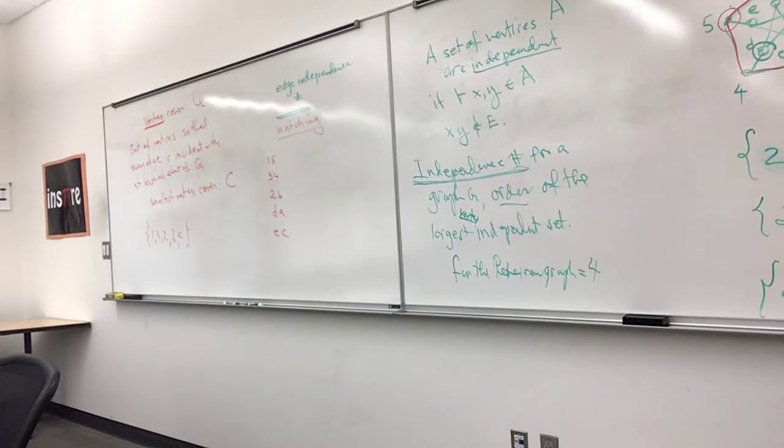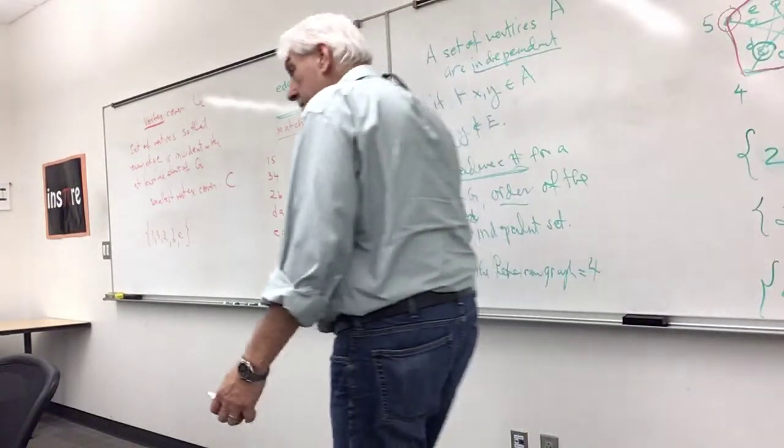Okay, so if I was lucky, then I could find 5 vertices, each covering 3 edges, and then I would be able to cover all 15 of the edges of the Peterson graph. That would mean no 2 vertices would cover the same edge. Can you do that?